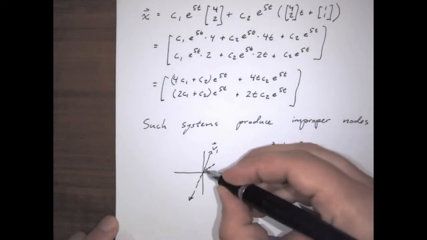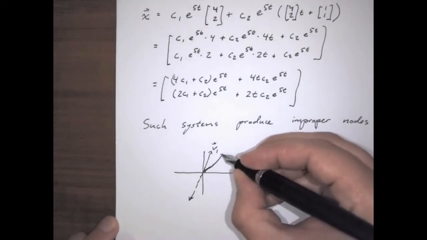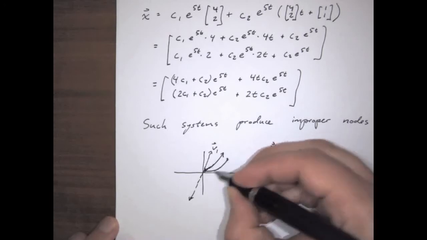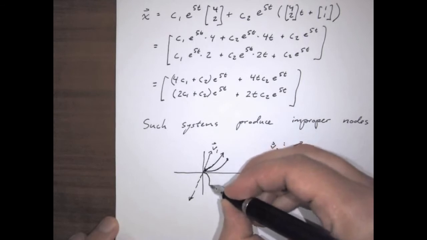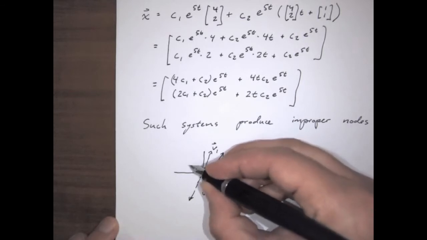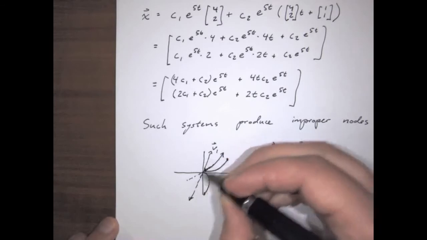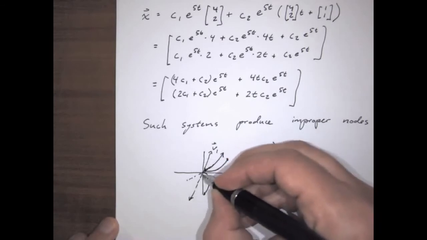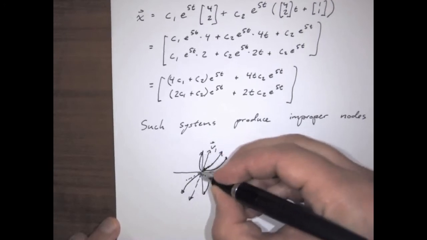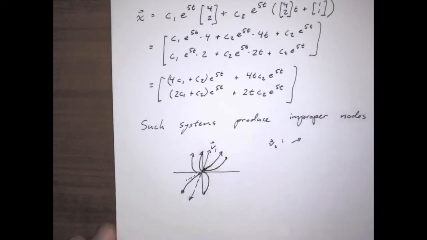They're going to start off going more or less in the direction of V2, and they're going to get pulled in the direction of V1. So by the time t gets a little bit big, the solutions all end up parallel to V1.